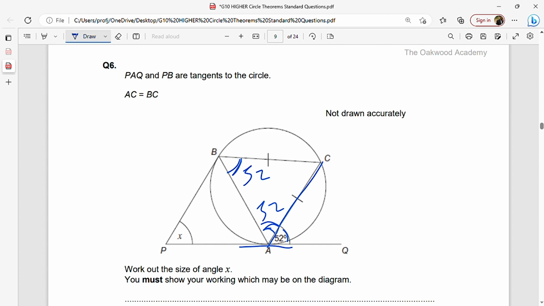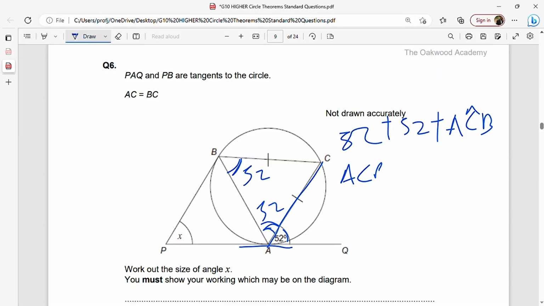When we solve the sum of angles in triangle ABC, that's 52 plus 52 plus angle ACB will give us 180. So ACB is equal to 180 minus 52 plus 52, which is 104, right?